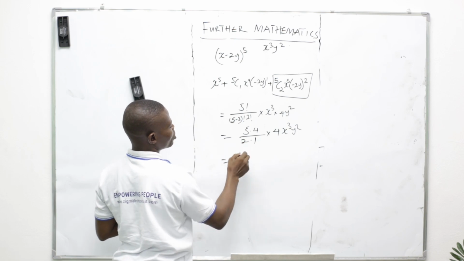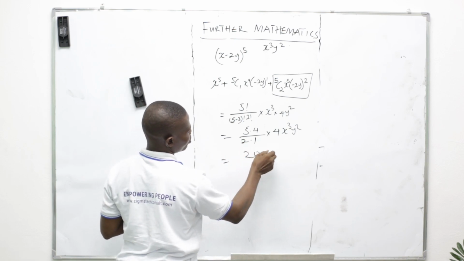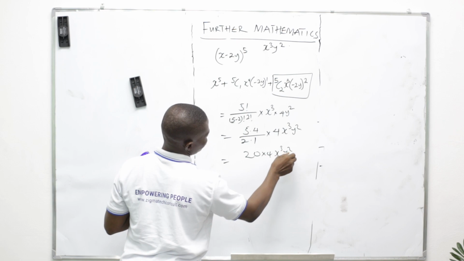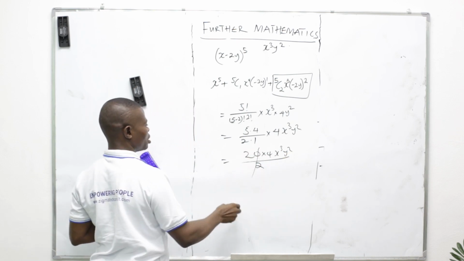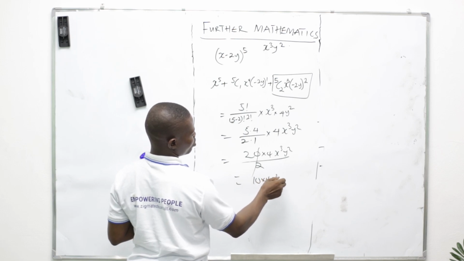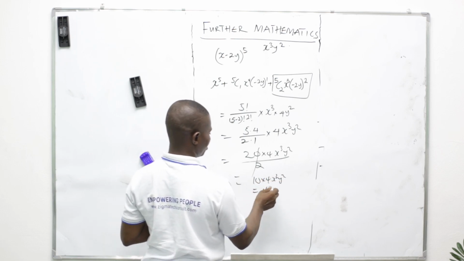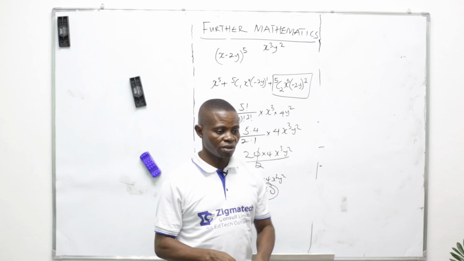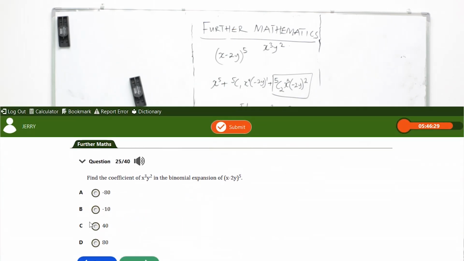This will give us 20 times 4 x cube y squared all over 2. Cancel is what? 10 times 4 x cube y squared. Well, the answer is just 40. 40 is the solution. Any 40? Okay.